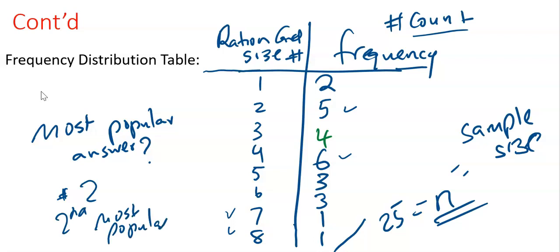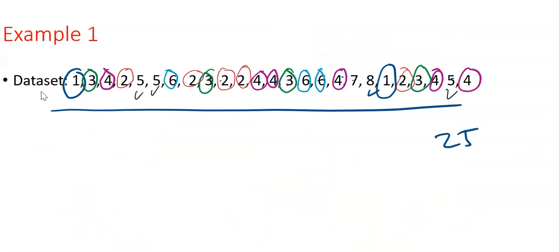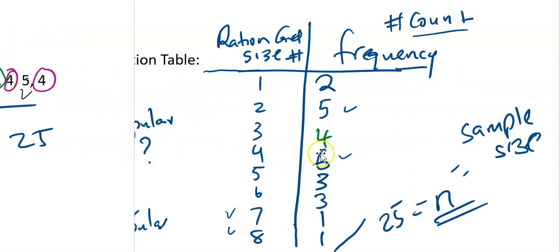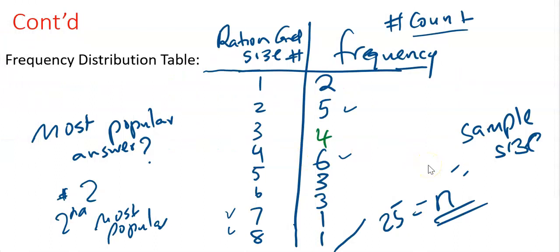Okay, so when you have the data set in this form, it's very hard to easily respond to questions like what is the most popular answer, what is the least popular answer. But when you have a frequency distribution table, it is easy to get the answer right away by looking.